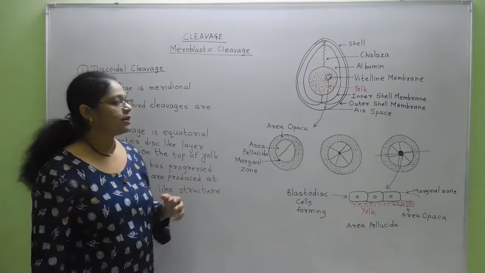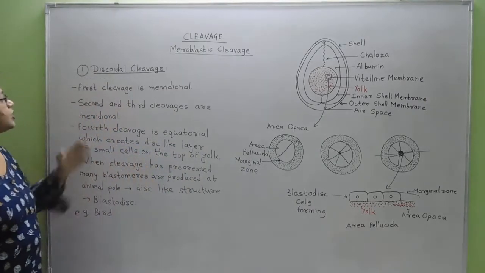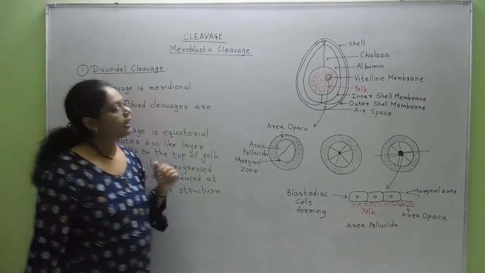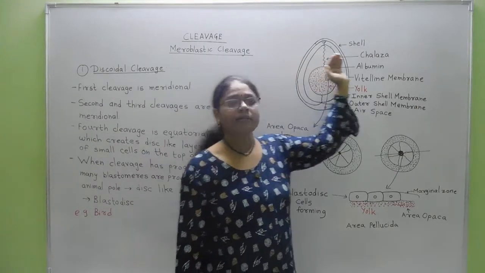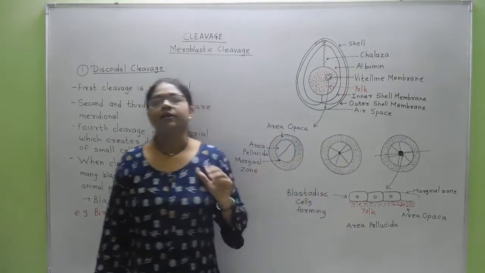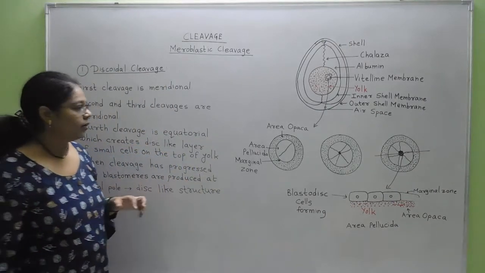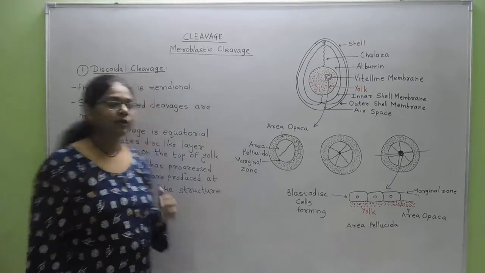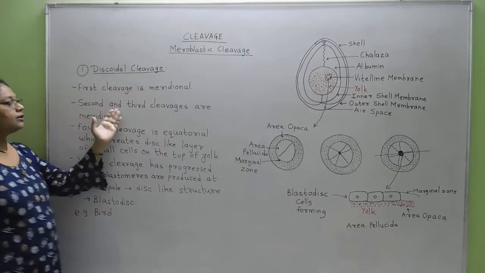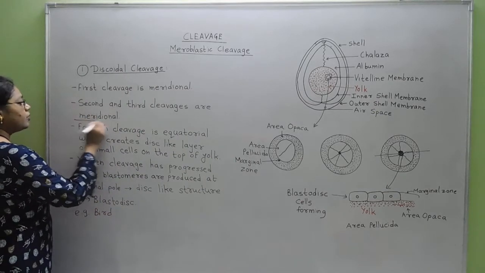Now in this case the first cleavage is meridional, that is, the cleavage starts at the animal pole but does not go so far beyond the vegetal pole. So the first cleavage is meridional, then the second and third cleavages are also meridional.